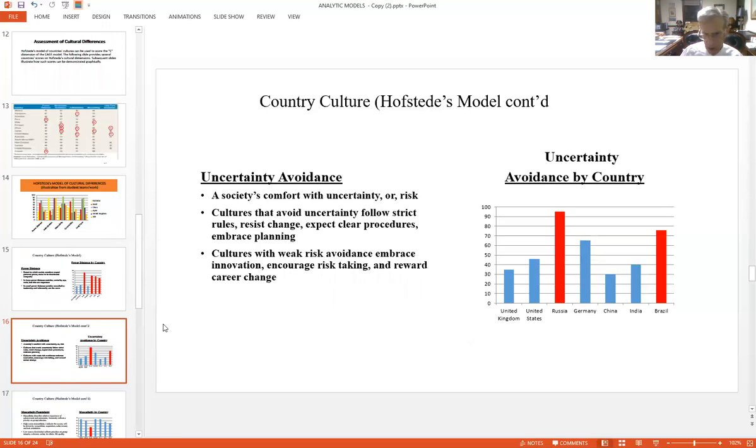Here we are with uncertainty avoidance. For what it's worth, Germany's score on uncertainty avoidance is also quite high. And so the Germans, among other things, are very prudent, very conscientious corporate planners. They like to use planning to minimize risk.